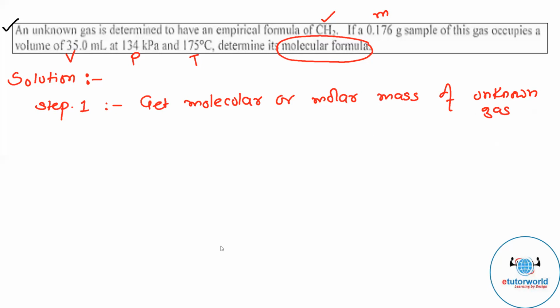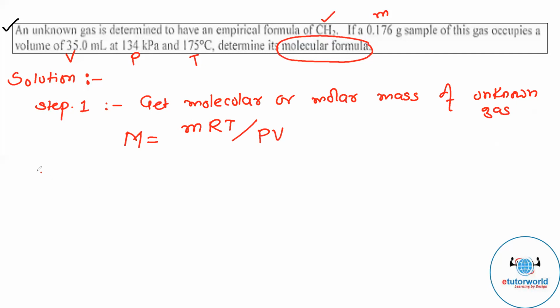Just now we have seen. Molecular mass M is equal to mRT divided by PV. So you are going to use the pressure, volume, temperature relation.